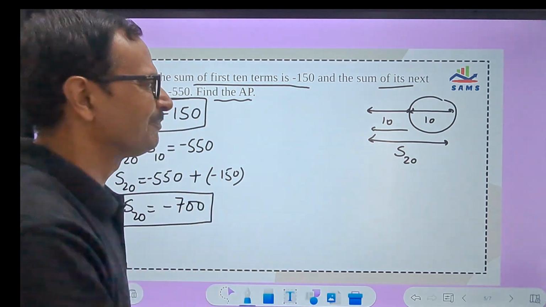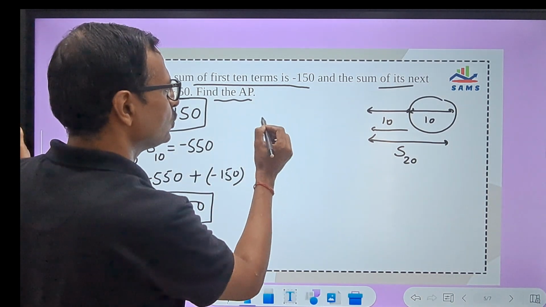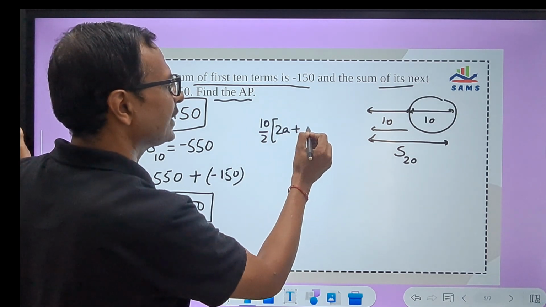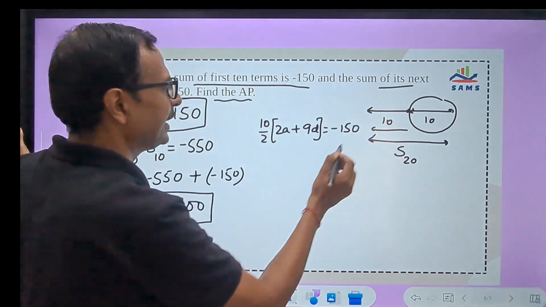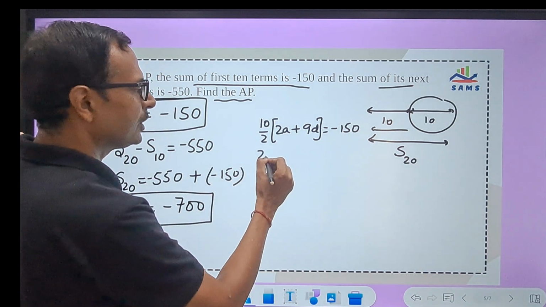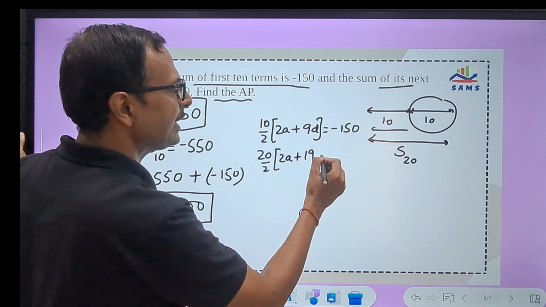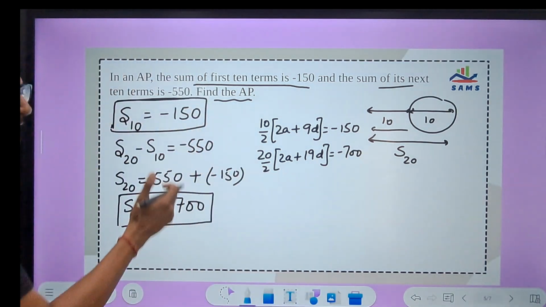So S10 is 10 by 2, 2a plus 10 minus 1, 9d. So that is minus 150. And the other one, S20, 20 by 2, 2a plus 20 minus 1, 19d equals minus 700. Now these are the two conditions.